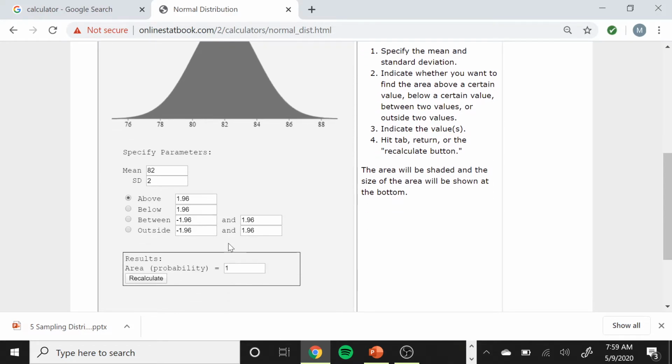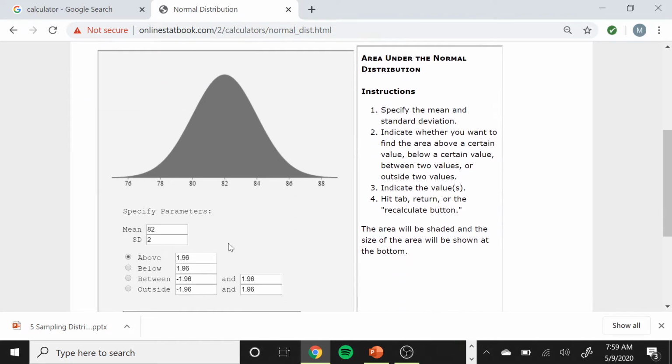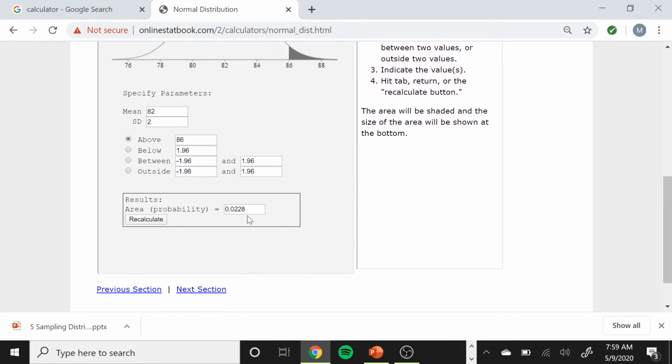All right, so where does a mean of 86 fall on that? If we were just looking at greater than 86, as you can see, that's now really unlikely.